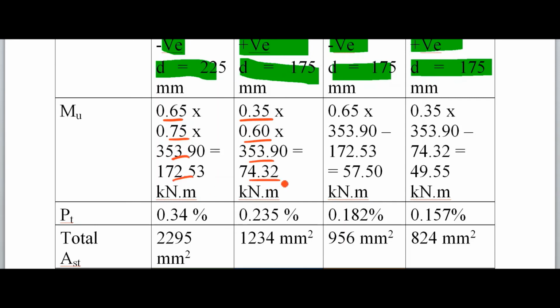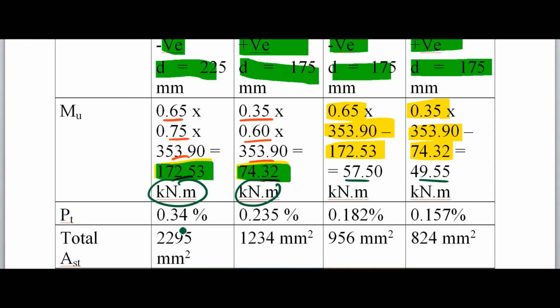Here we have moments 172.53 and 74.32, negative and positive. Same condition, 0.65, 0.35. We subtract this value. So 57.50, 49.50 kilonewton meter.